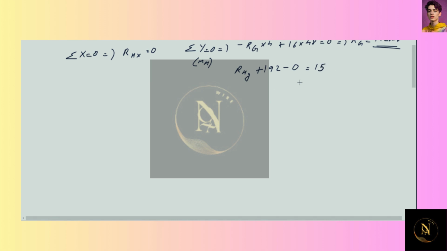So from this we can write RHY will be equal to minus of 144 kilonewton.